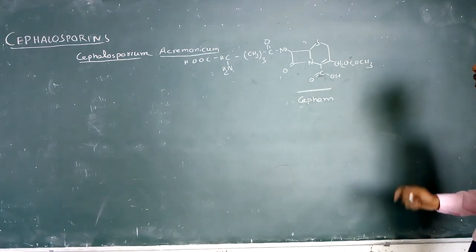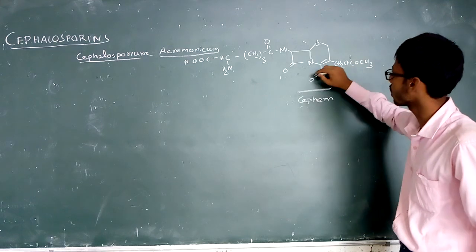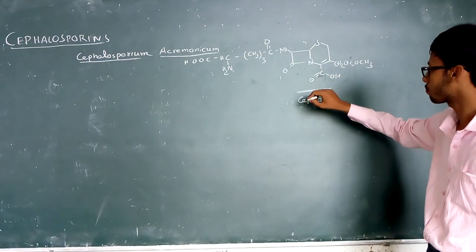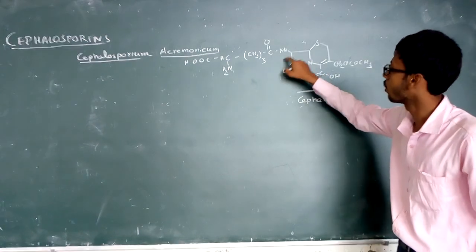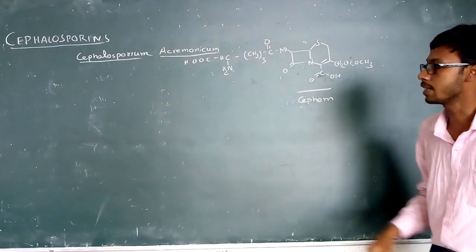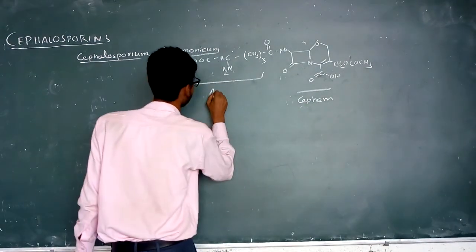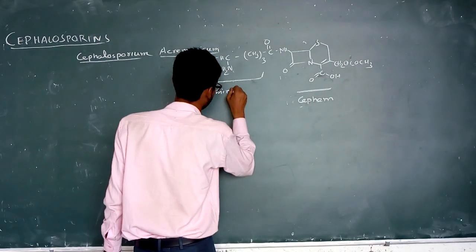And cephalosporin C was first isolated from this fungus, and it contains the acyl side chain, which is the aminoadipoyl chain. This is the aminoadipoyl chain.